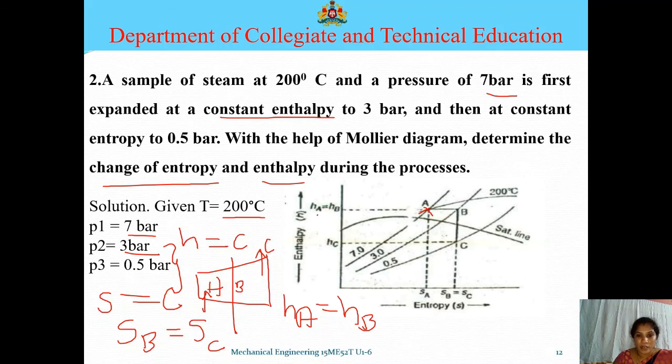So I got the value of HA from here. And I'll draw a straight vertical line. From that, I'll get the value of SA. Since it's an enthalpy process, I'll continue the horizontal line towards the right, till it intersects with the 3 bar pressure line. So again the intersection of these two lines is marked as point B.